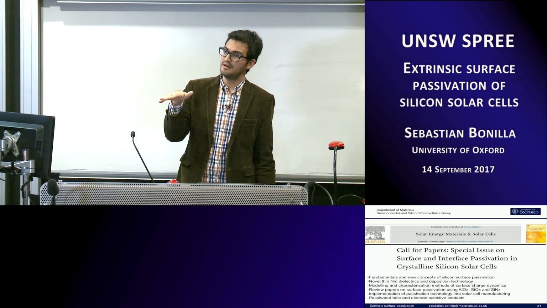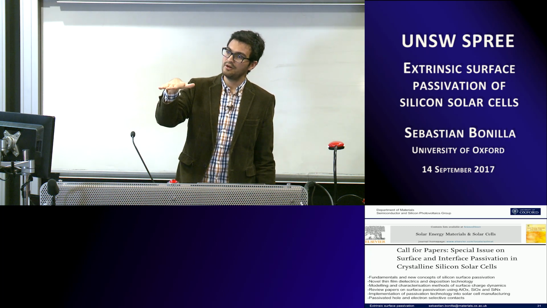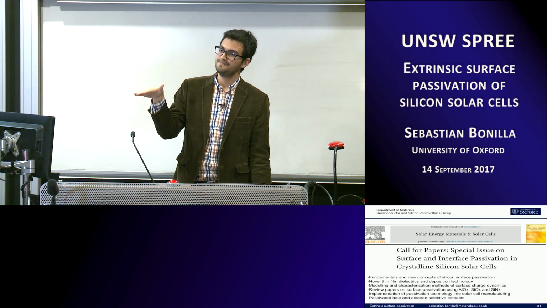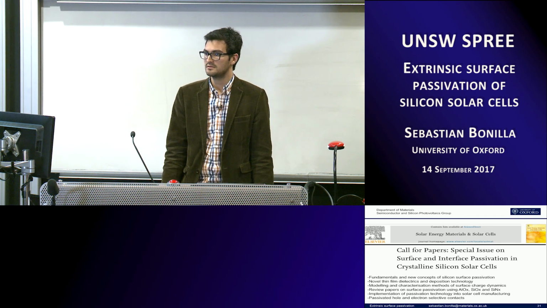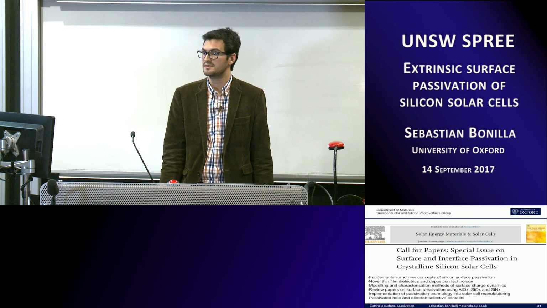That seems to indicate that all the charge goes on the top and then migrates towards the interface between the nitride and the oxide, and then stays there. If you combine that with the fact that the effective lifetime didn't decay, then it's a pretty good indication that the charge sits at the interface between the two. Yeah, I'll leave it at that.